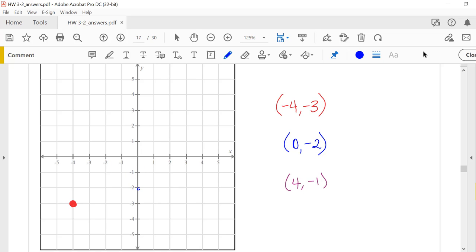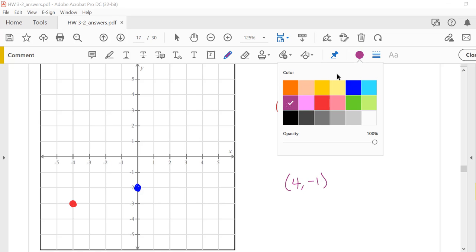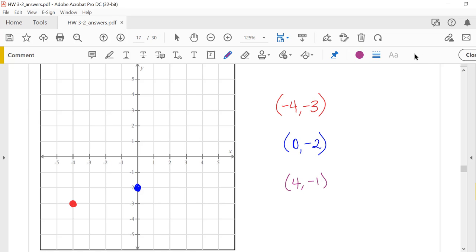My second point is 0, -2. My third point is 4, -1. So I'm going to go 4 and then down 1. My third point is there. Then the line that goes through all three of those points.